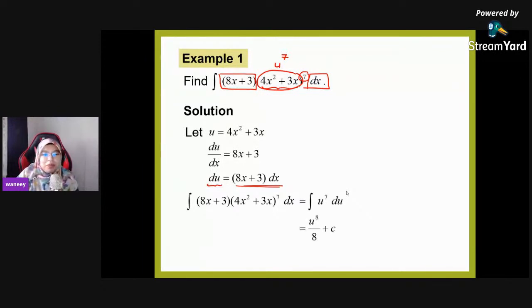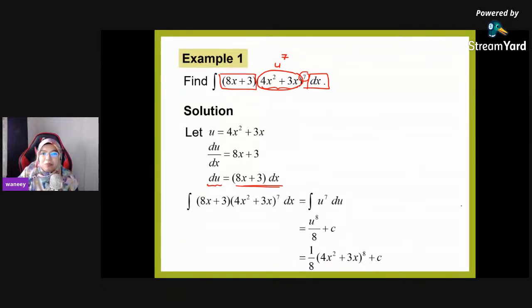So it will become u^8/8 plus c. But one thing to keep in mind, the question is in terms of x. It was your choice to change it to u, so go back and substitute what is u. u is 4x²+3x, so the answer is (4x²+3x)^8/8 plus c.